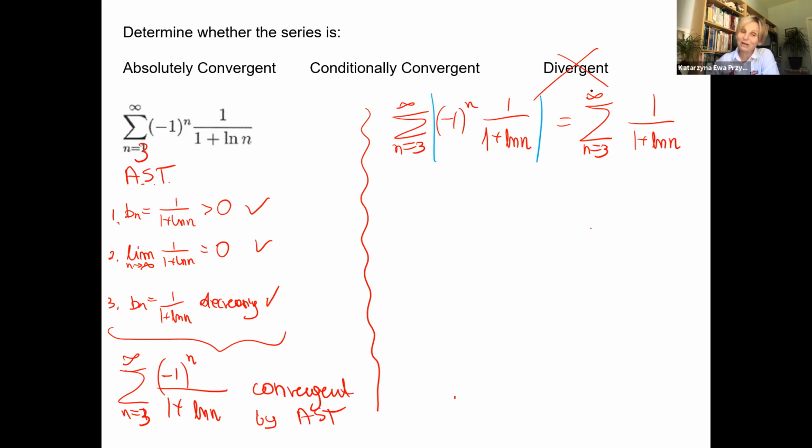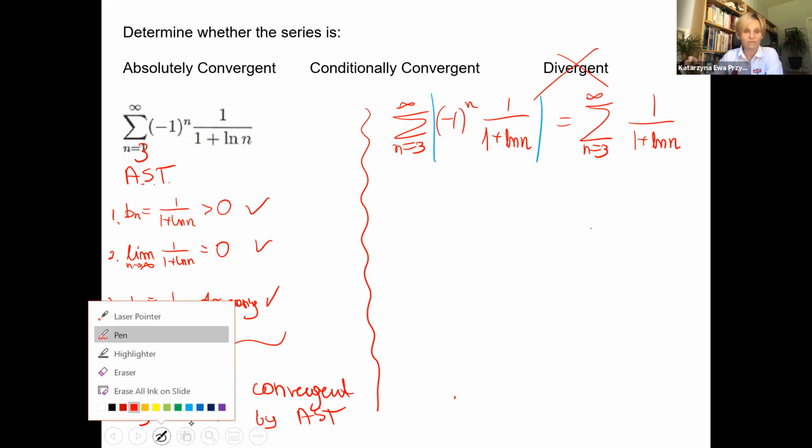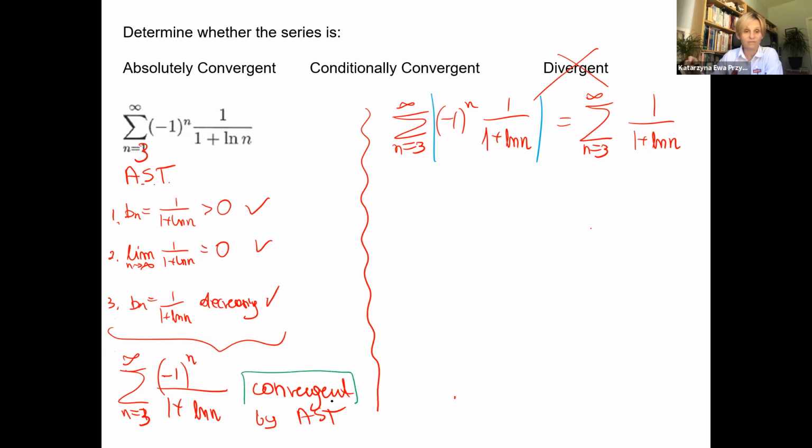The previous formula was 1 over ln of n and was definitely divergent. Just adding 1 probably isn't changing much. It's still divergent, so the absolute value is not convergent, but since the original formula is convergent, it's conditionally convergent.